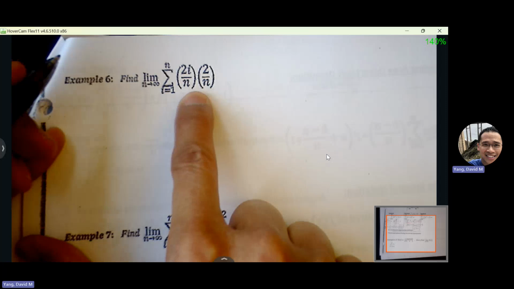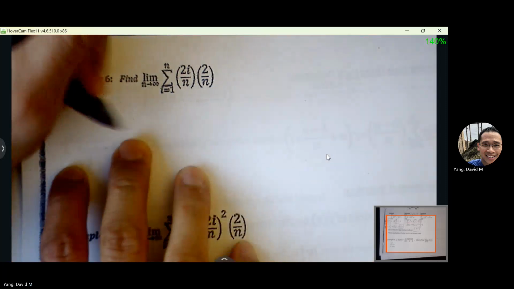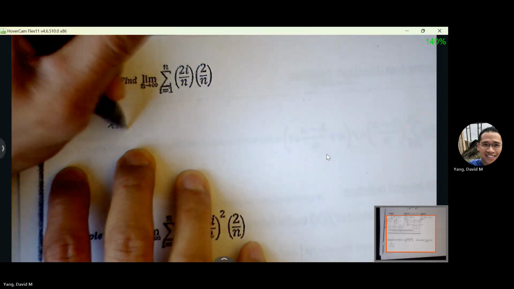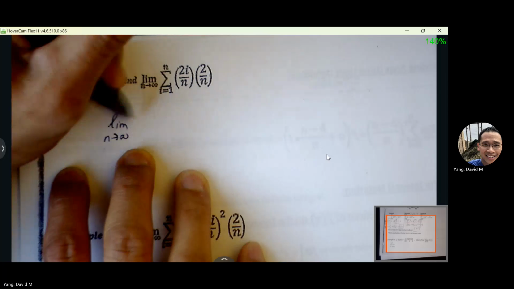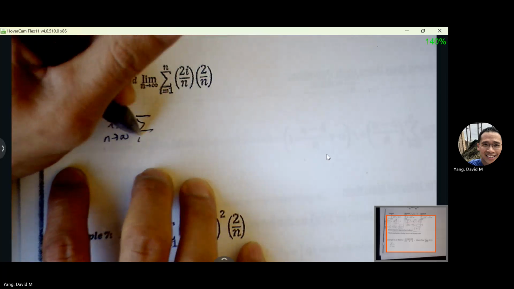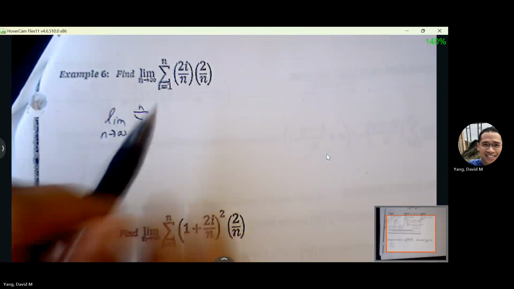So I'm going to clean this up one piece at a time. I'm going to multiply this through here. I get 4i over n squared.